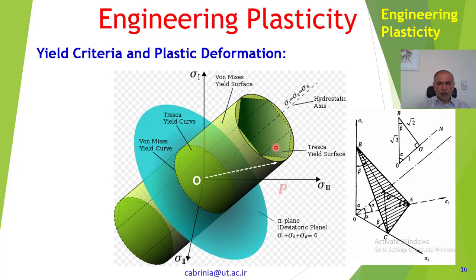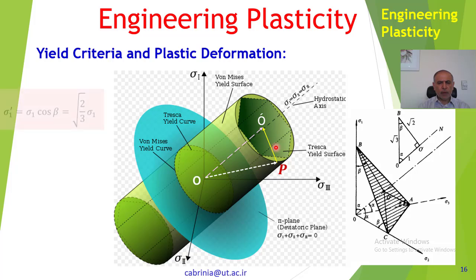Here I just show you line OP is the stress vector, and it's just on the yield surface, and it means that the material starts yielding. And that's OO prime, its hydrostatic component, and that is the deviatoric component.